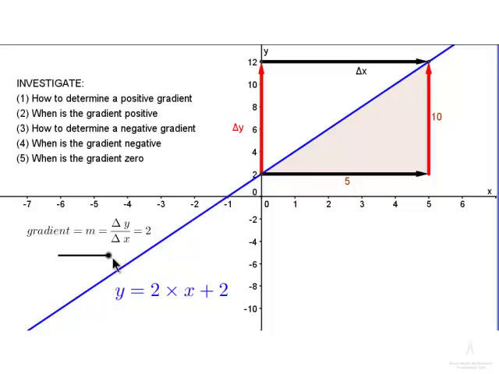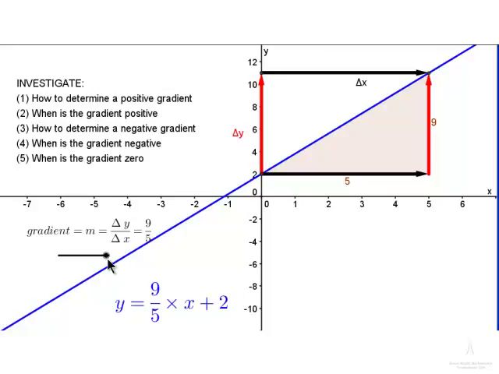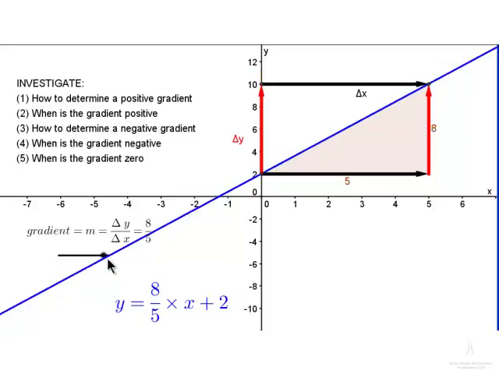Let me see if it's true in general. Let's take some other values. There the gradient is 8/5. It is still positive. The angle is still acute. Hopefully you can see how you find this gradient.